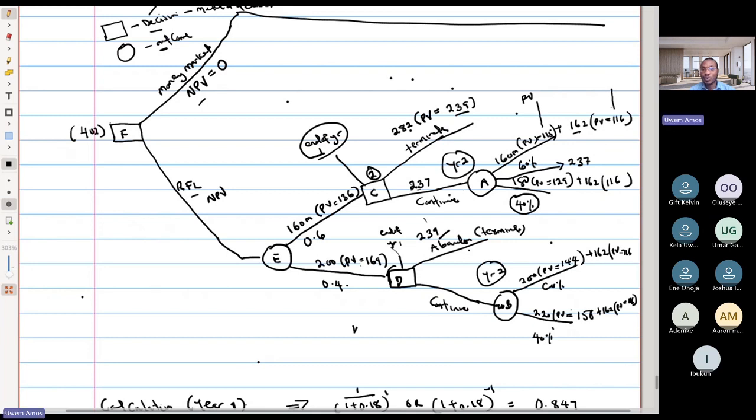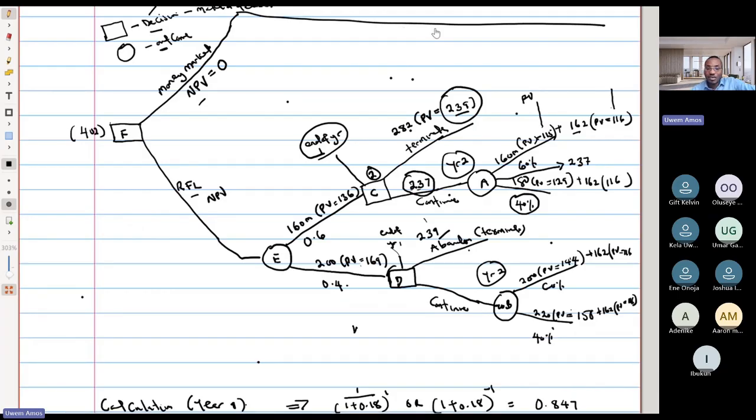If we continue, the value on this line is 237, which we just calculated, the present value. But if we terminate the contract, the present value is 239. Between 237 and 239, which is a better decision, which profits us more?